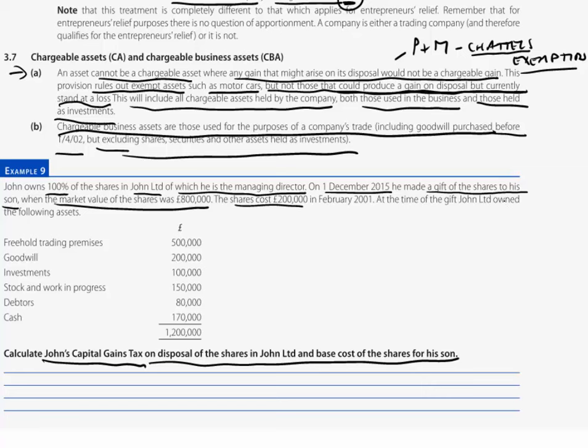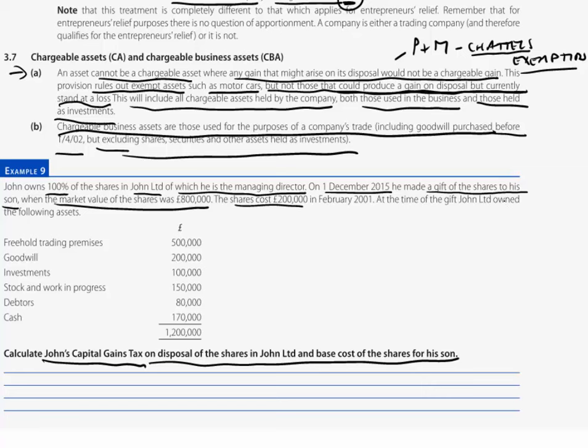Right, to begin with, do the easy part. Calculate what will be the gain arising on the disposal of the shares prior to dealing with any issue of gift relief. That is simple enough. We need the market value, 800, and we need the cost, 200. So write that down now in your answer. Do your calculation of the gain.